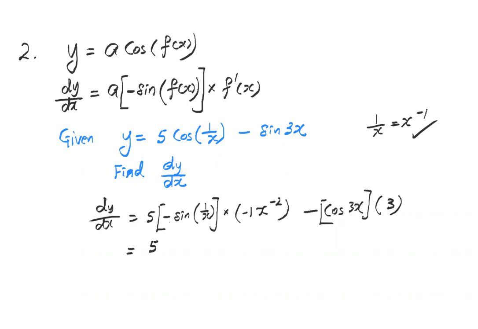X to the power negative 2 will be over x squared, sin(1 over x), minus 3 cos 3x. Right? Okay, so that is the second one. So the next one.